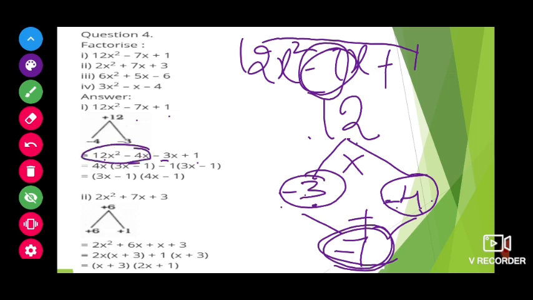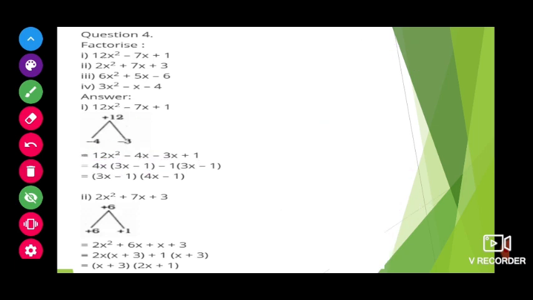Now from the first two terms we can take out 4x, and the remaining from the first term is 3x minus 1. Next, the same thing we have to get here also. So 3x minus 1, if I want to get here, I have to take minus as common.